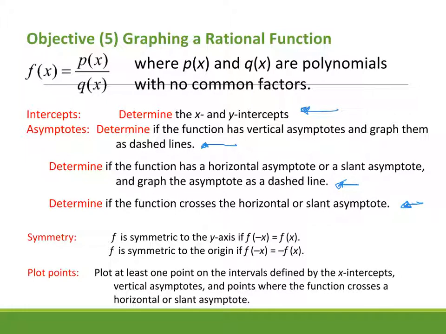Actually, we either find a horizontal or we find a slant asymptote. Then if there is symmetry involved, if we have an even function or an odd function, those are very easy to graph. And then periodically we'll need to pick points to fill in the blanks.